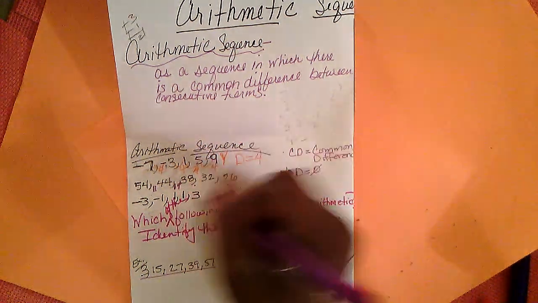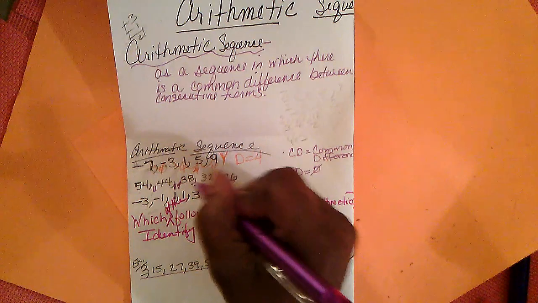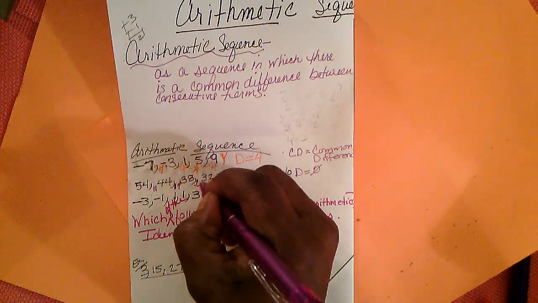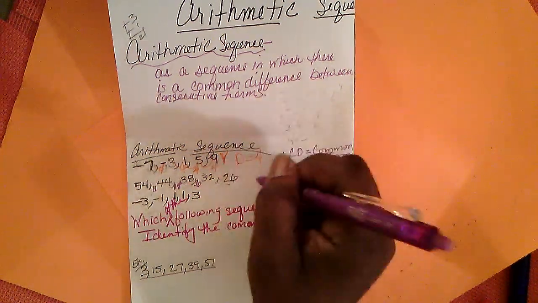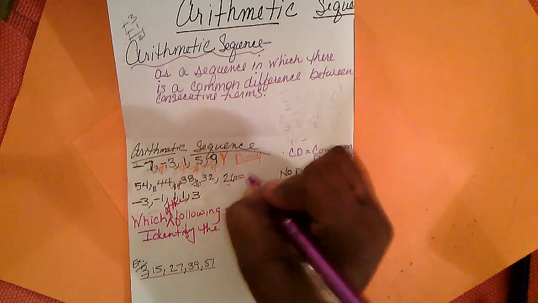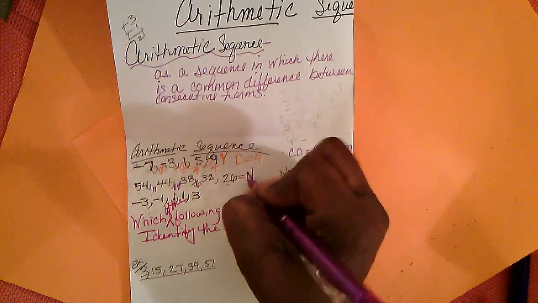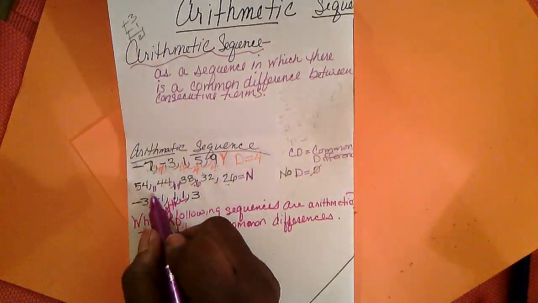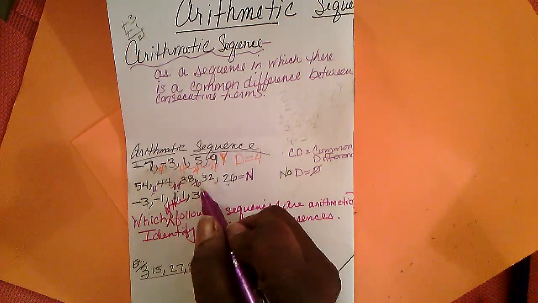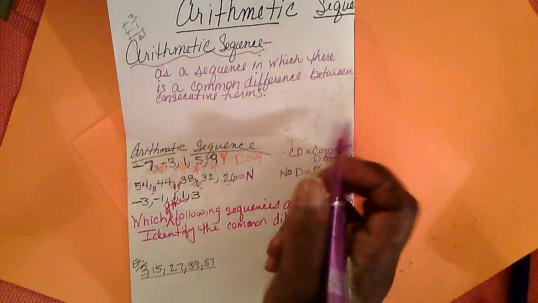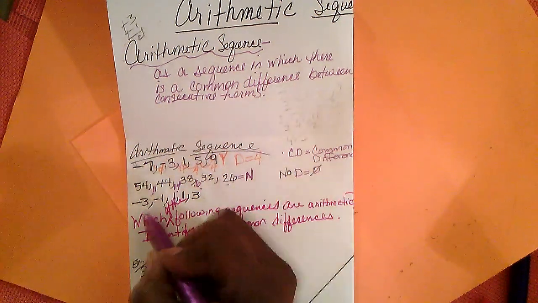The difference from 38 to 32 is 6. So you can kind of see where we're going here. That will be equal to a no because it's inconsistent. If you look here, that's 11, 14, 6. Nope, it's not consistent. All right, let's move to our next one.